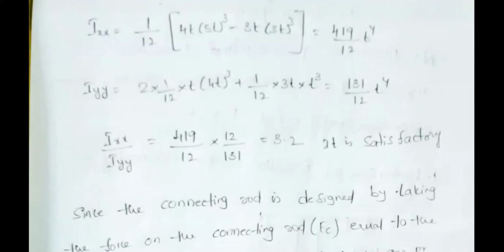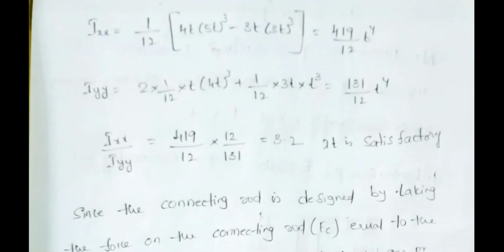Now calculate the ratio of Ixx and Iyy and check the value. If it is between 3 and 3.5, then your chosen proportions are right. If it exceeds 3.5, then your dimensions are wrong, and you have to check your dimensions again.